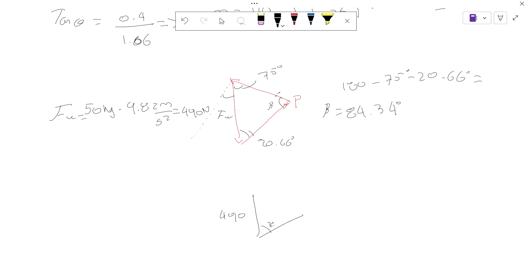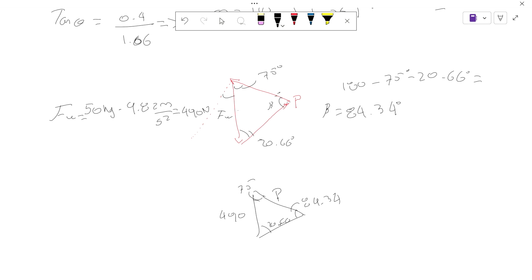So we have a triangle where this is 490, this is 20.66, this is 84.34, and this is 75. So we're going back to the law of sine. We use that all over statics because it's very convenient.